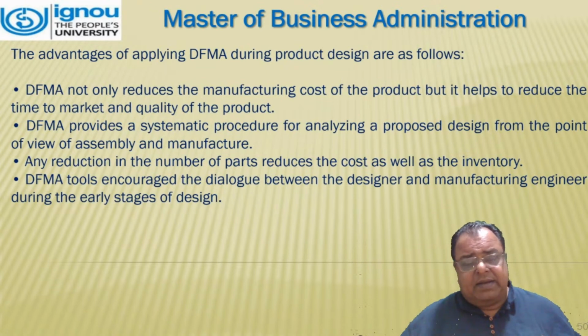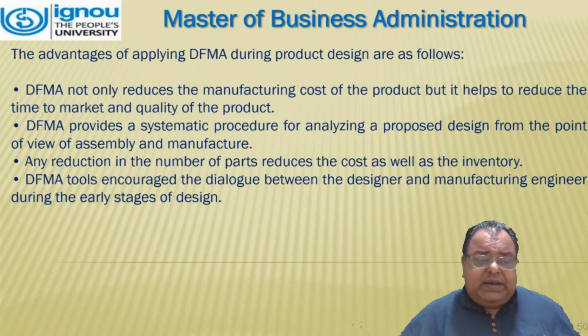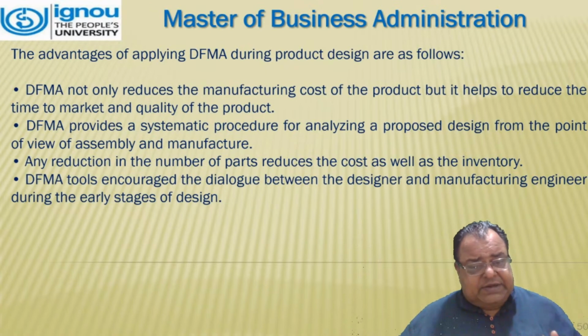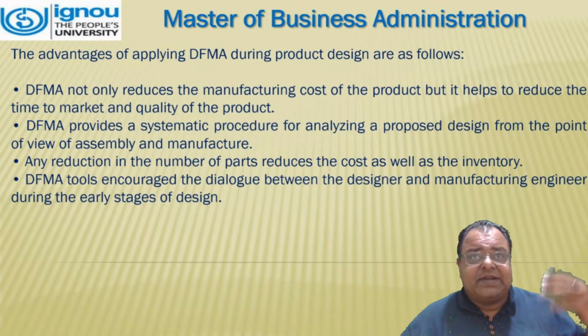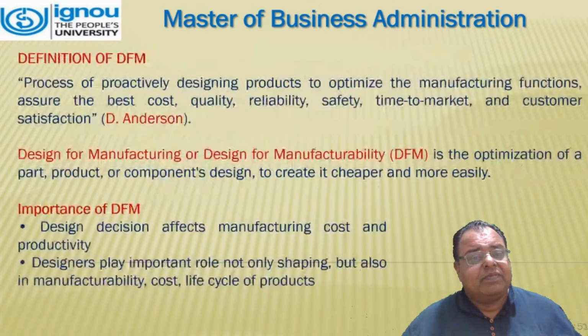Any reduction in the number of parts reduces the cost as well as the inventory. And the DFMA tool encourages dialogue between the designer and the manufacturing engineer during the early stages of the design.